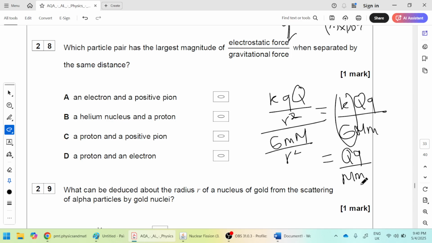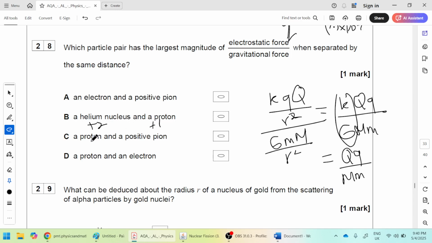Electron and pion, charge of +1, same charge, QQ over. We are looking for this ratio to be largest, right? We're looking for QQ to be large and MM to be small. So let's see. QQ, helium nucleus has a charge of +2, proton +1.